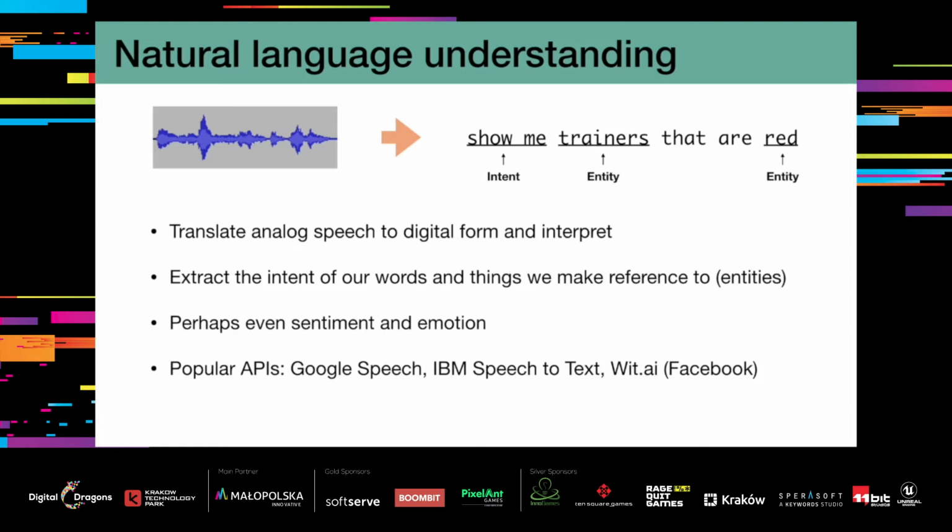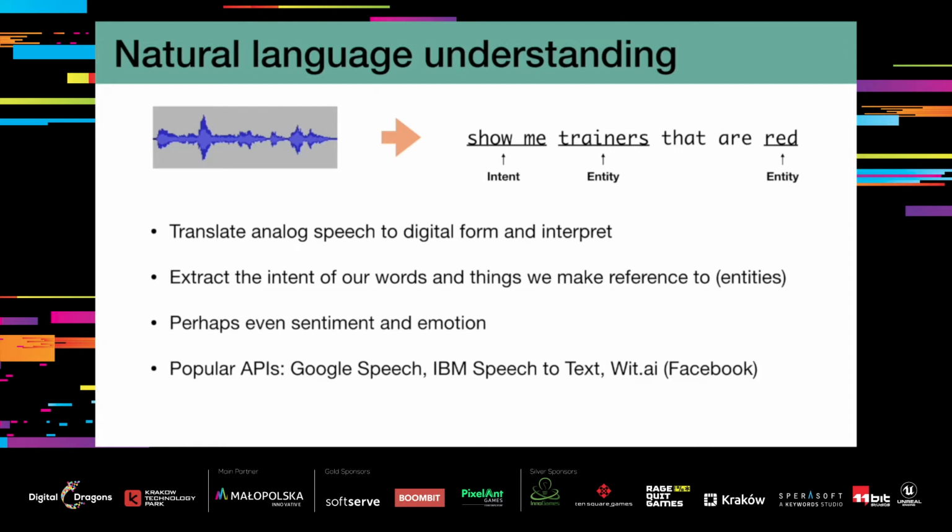So let's talk a little bit about the technology. Let's start out with natural language understanding. This is a branch of artificial intelligence and machine learning focused on translating our analog speech into digital form that can then be processed by a computer.